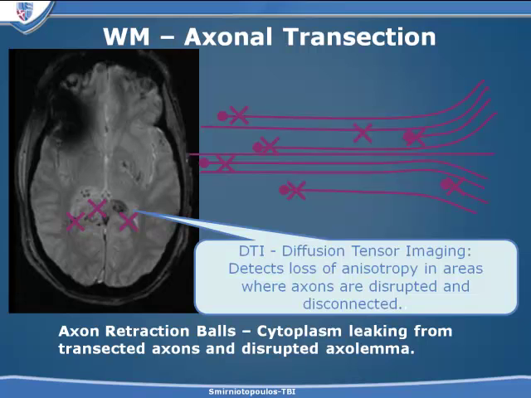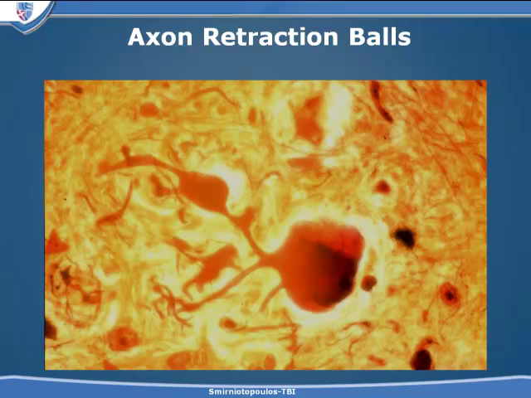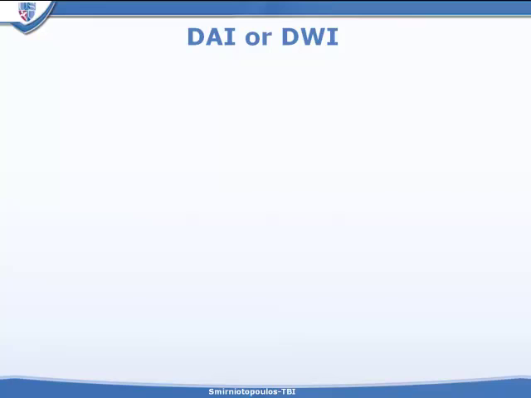And diffusion tensor imaging may directly demonstrate that there is a loss of anisotropy and that there is a loss of connecting fibers, but we may also see the secondary signs of hemorrhage when it occurs by doing susceptibility weighted imaging. Just for reference, here is a photomicrograph illustrating how the cytoplasm is bulging out as a result of a tear in the axolemma in a patient that died from a shearing injury.